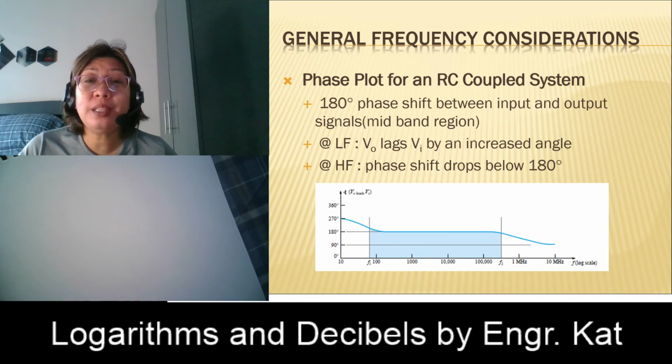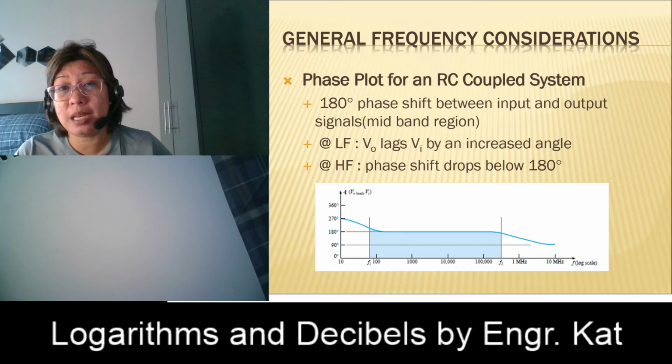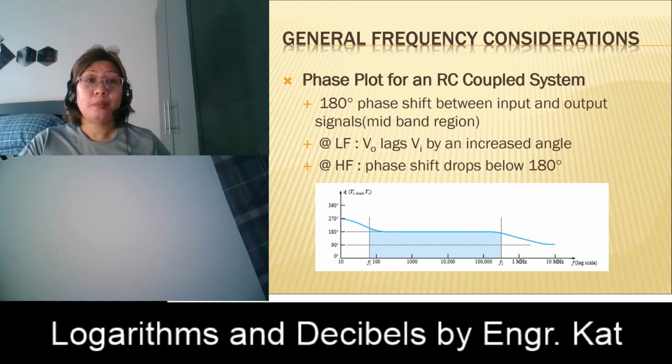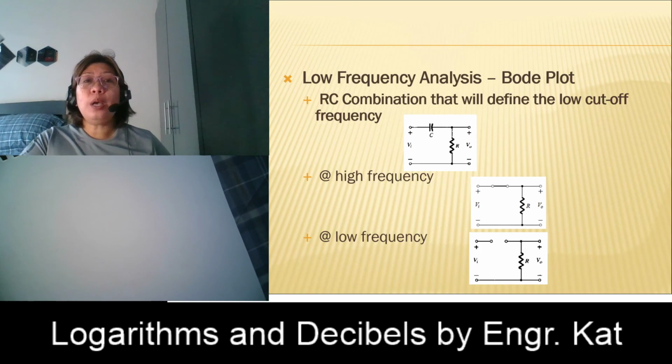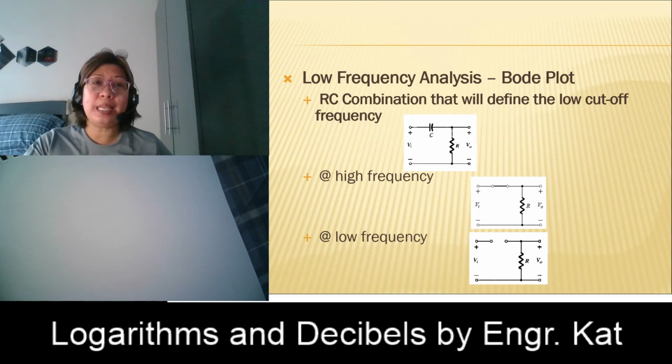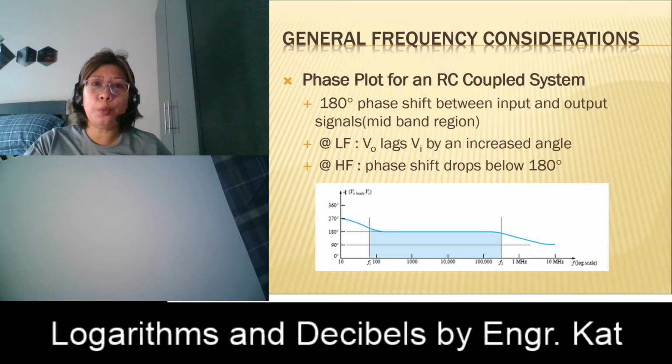So the 180 degrees phase shift for common emitter amplifiers is good for the midband region only. It is above 180 degrees for low frequencies and below 180 degrees for high frequency signals. Okay? So the low frequency analysis for both plots, we'll explain in our next video.